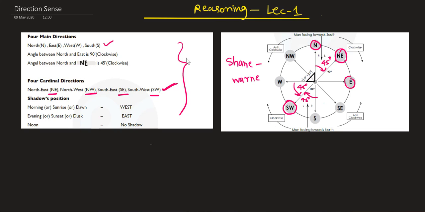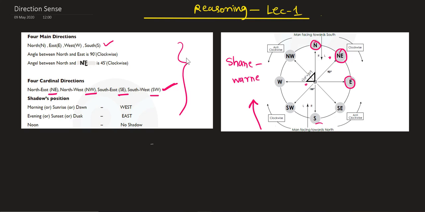Now what is clockwise and what is anti-clockwise? You might know, but let me tell you, clockwise is the direction of the clock. If you go in the clockwise direction, that means you are going in the direction of the clock. The reverse direction would be anti-clockwise. And the 4th thing I want to tell you: when the question says that a person is facing a certain direction, let's say a person is facing north, then what does it mean?